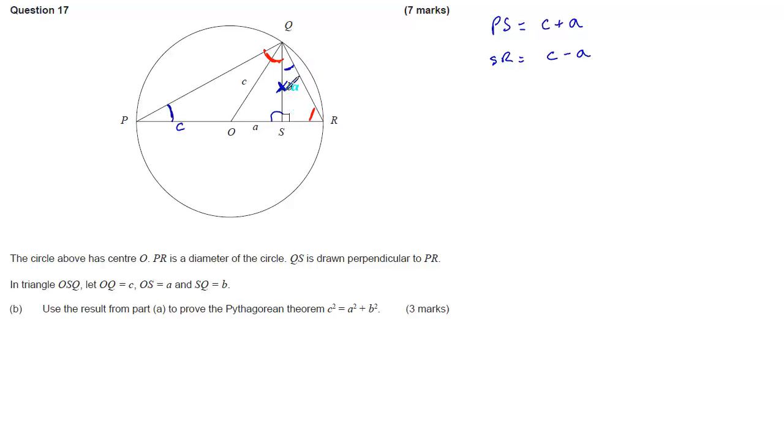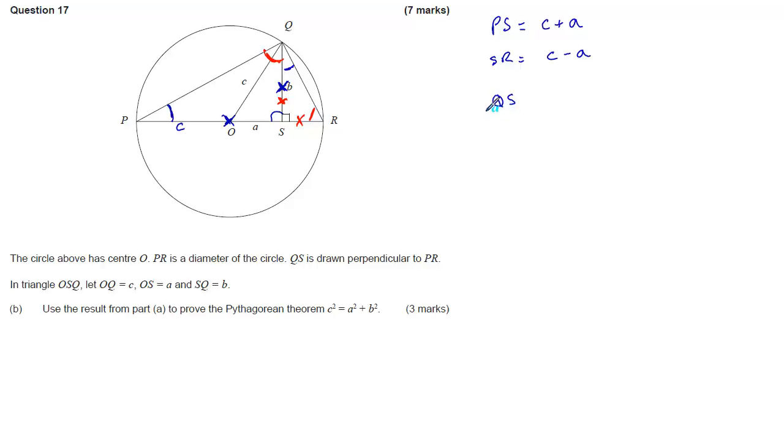So this side here corresponds to this side here in PQS. This side here, between the red marked angle and the right angle, has to correspond to this side in the larger triangle.